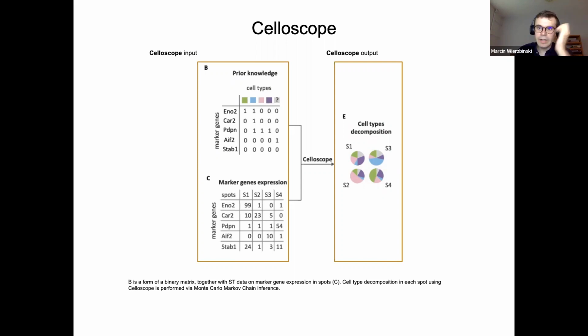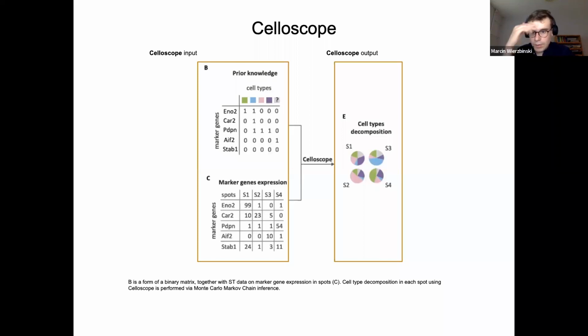Here we have the input for this model: the model gets these two matrices and infers the hidden variables, and the output is a cell deconvolution within specific spots.